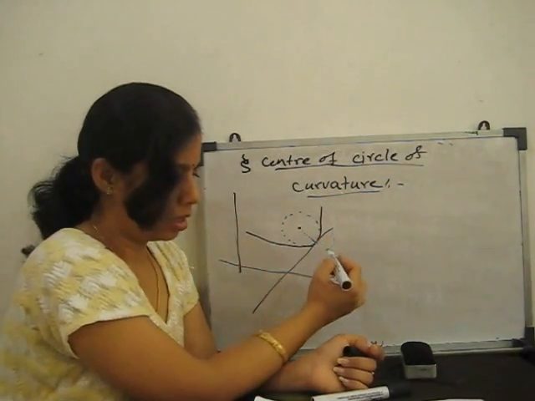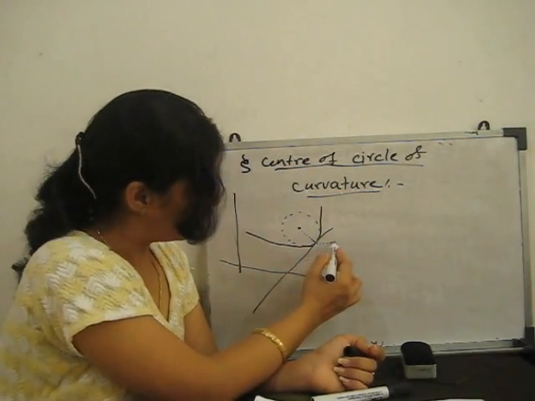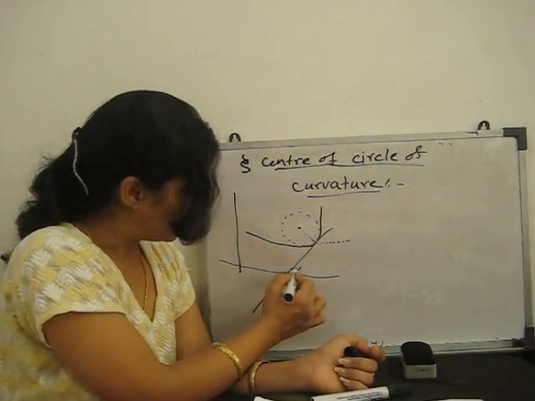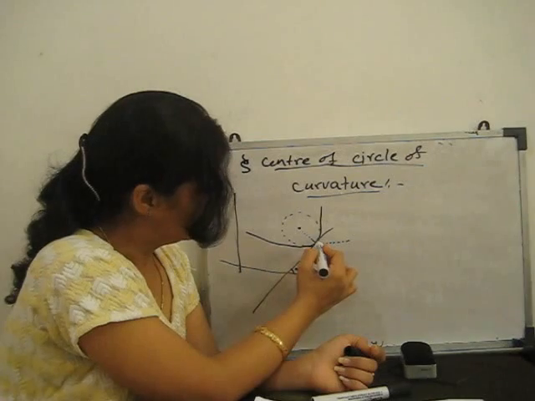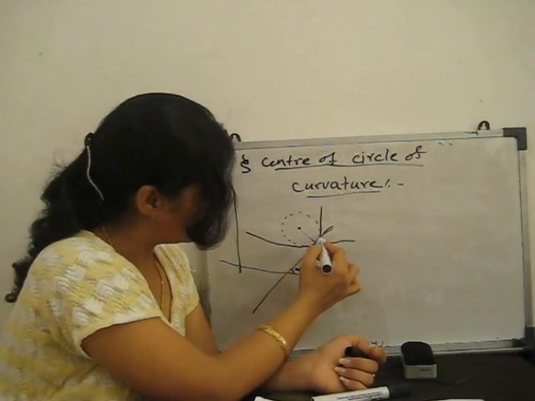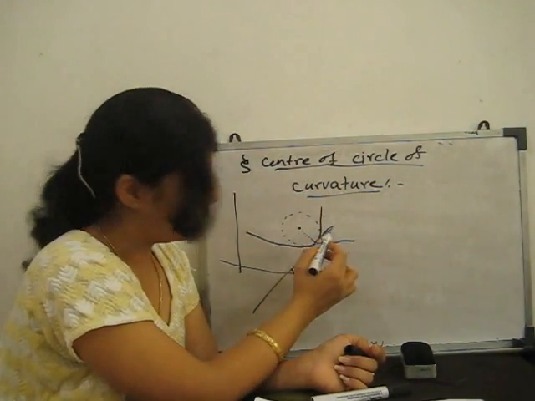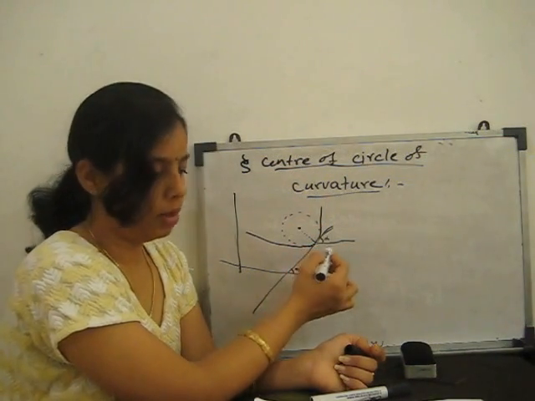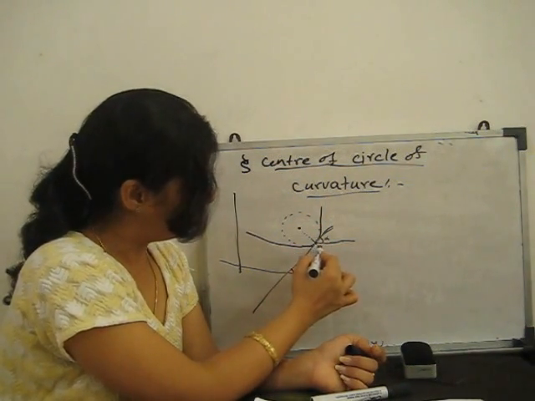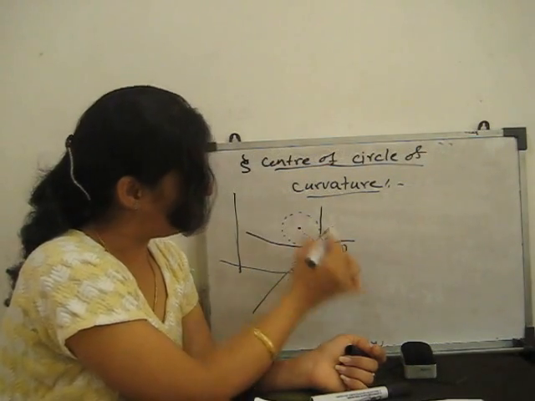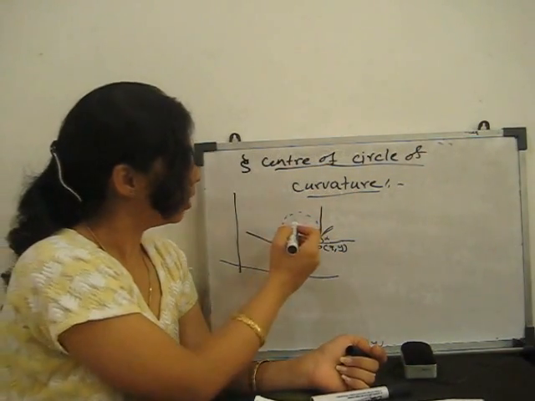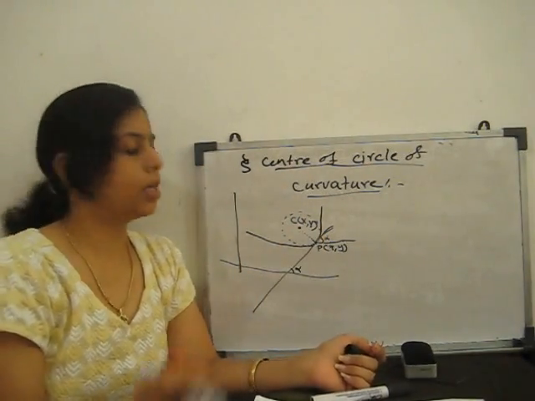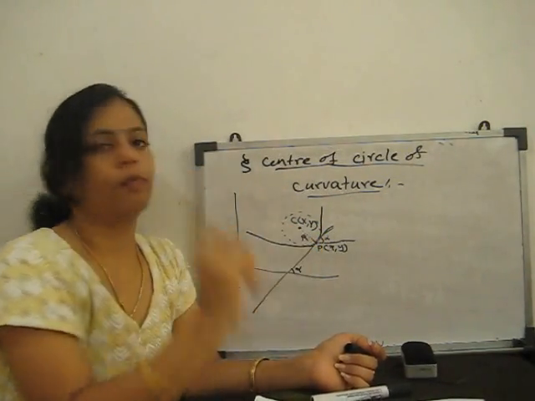Clear? This is one angle, we can say this is angle alpha, and this is another angle, also alpha. If this point is our P(x, y), and this is C, the center of the circle, and this is R, the radius of curvature.